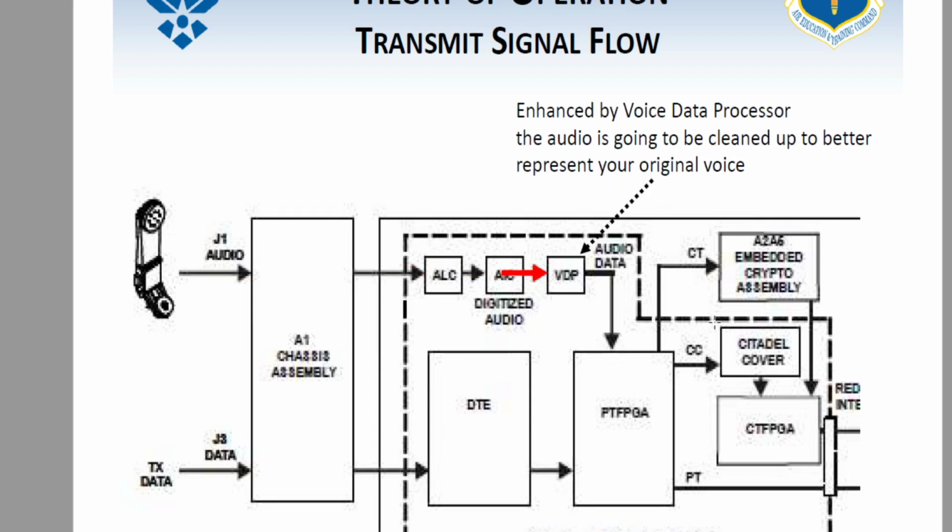All right. So after we do that, it's digital now. We're going to this thing called the VDP next. VDP stands for Voice Data Processor. What this does is it enhances that audio coming in and cleans it up a little bit. So maybe you have a small, scratchy voice, or you talk really high, or you talk really mousy.